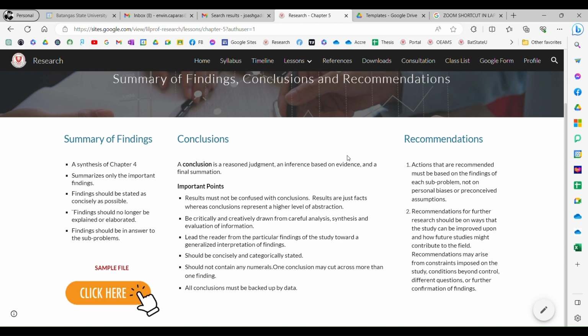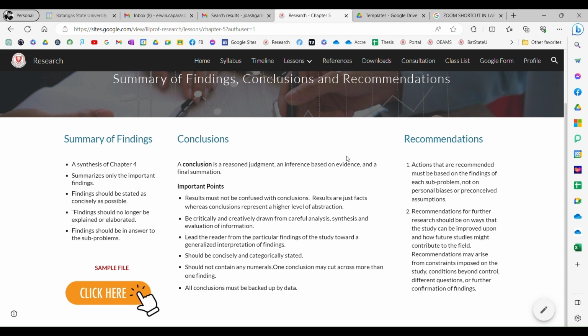They should be critically and creatively drawn from careful analysis, synthesis, and evaluation of information, and you have to lead the reader from the particular findings of the study toward a generalized interpretation of findings. It should be concisely and categorically stated, as I have said, in just one sentence.